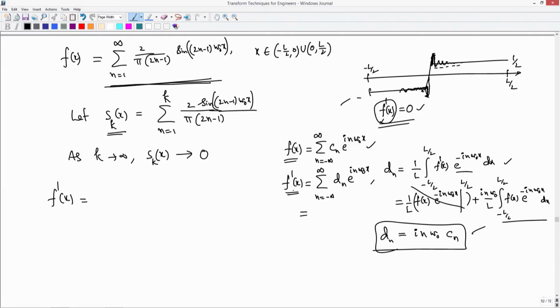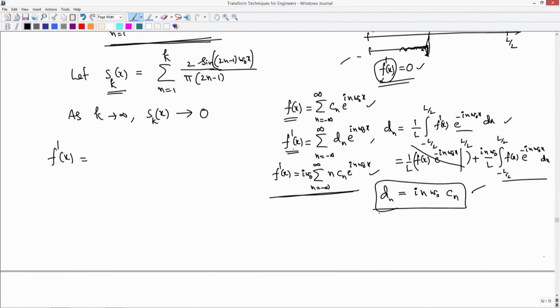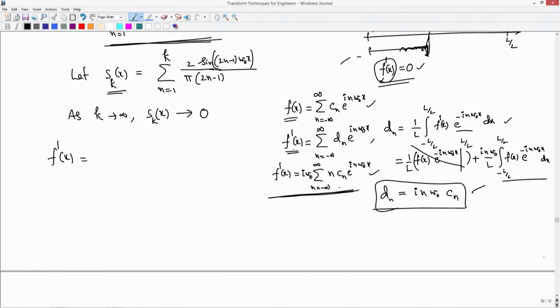If you calculate its Fourier series, that is exactly in terms of Cn: n from minus infinity to infinity, dn is now i n ω0 Cn, e^(i n ω0 x). So, this is your Fourier series, and it converges to f'(x) wherever f' is continuous. Otherwise, it converges to the average value of f' at those two values. This is well known, this is how we show it.